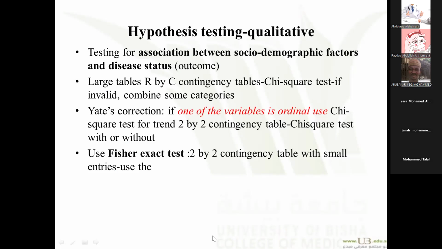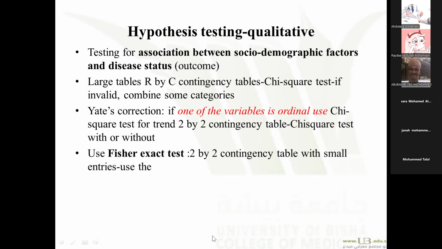In some cases, you may not be able to do the chi-square because there are some problems. You have to do what you call the Yates correction. The statistical software can do this for you.